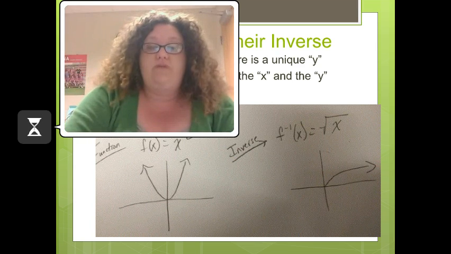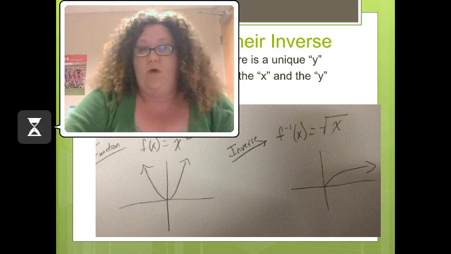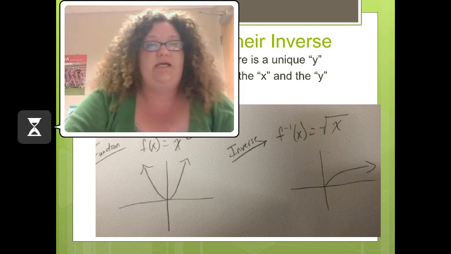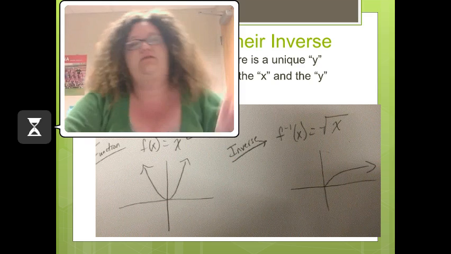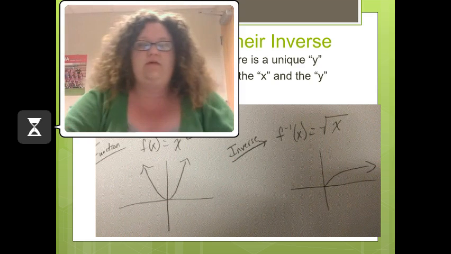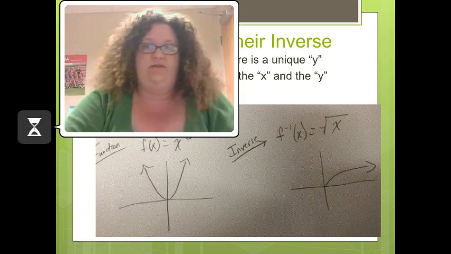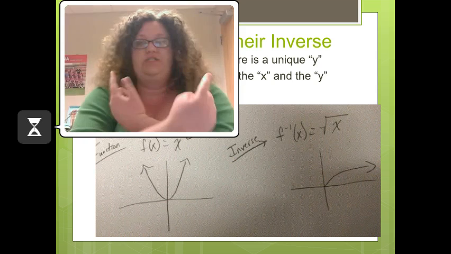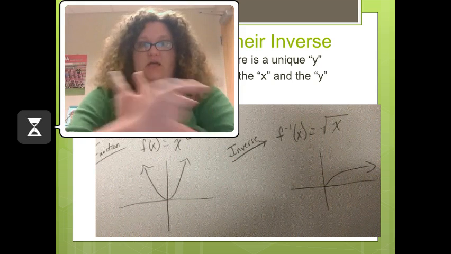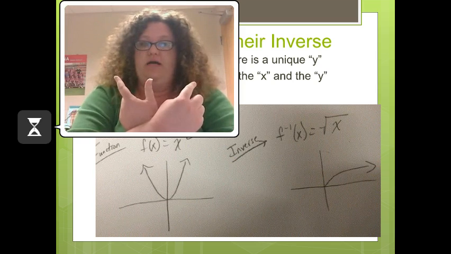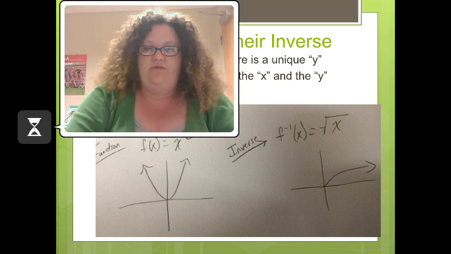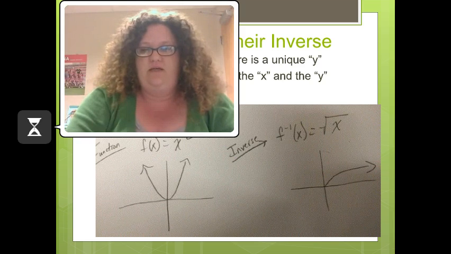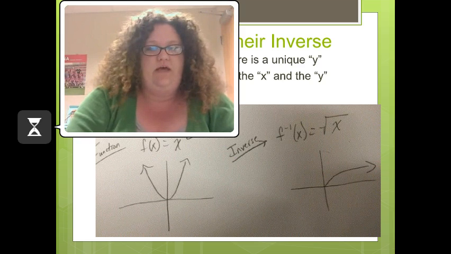Remember, for a function, for each x there's a unique y. We drew the input and output function machine today in class: you input an x, it outputs a y. For an inverse function, all you do is switch the x and the y. So you switch that x and that y and you've inverted it. The example on your screen is the inverse function of x squared.